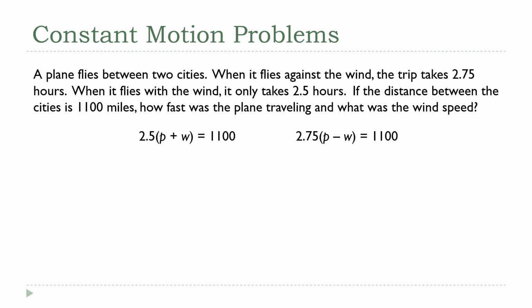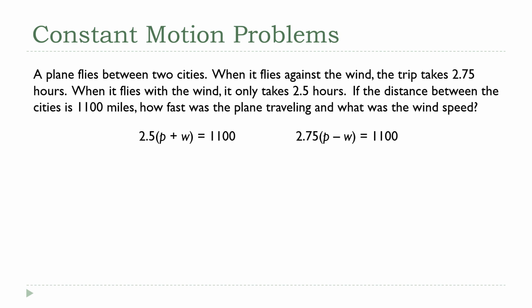So I want to solve this system of equations. And the first thing we need to do is eliminate the parentheses. Now, we've seen this kind of situation before, and what we would usually do is use the distributive property: distribute 2.5 into the first parentheses, 2.75 into the second, and that would work. You could absolutely do it that way.